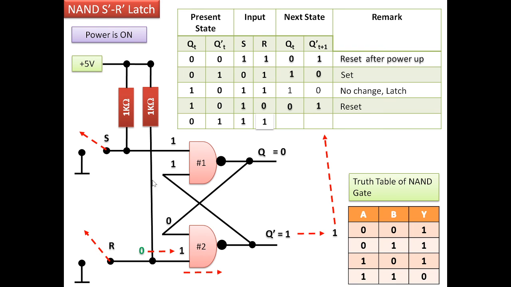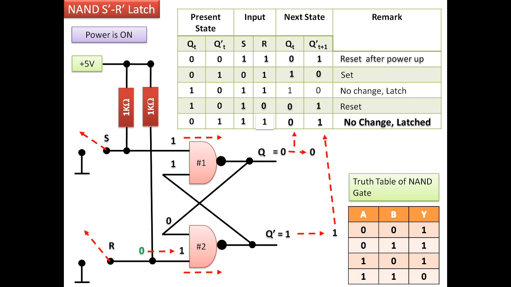This particular 1 is available here at the input of the first NAND gate. So again both the ones will make the output 0, and hence we can see that the next state is same as the previous state. So the condition is the no change or the latched condition.